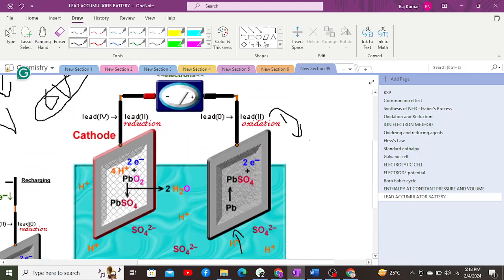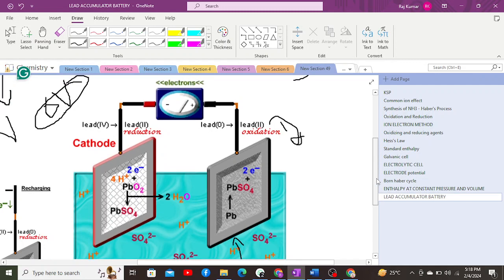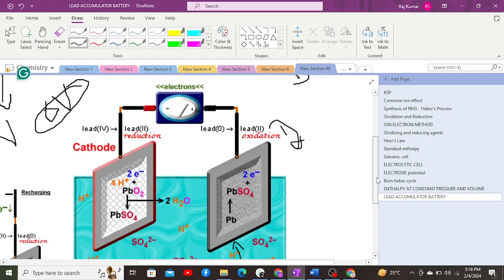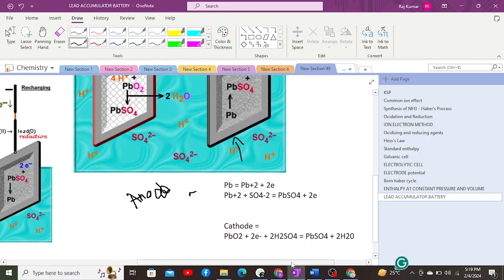If the voltmeter is showing a lower voltage, which means a voltage drop is there, then we can acknowledge it. Accumulation of lead sulfate also indicates the battery is being discharged. If the battery is being discharged, it indicates that the reaction is occurring spontaneously.